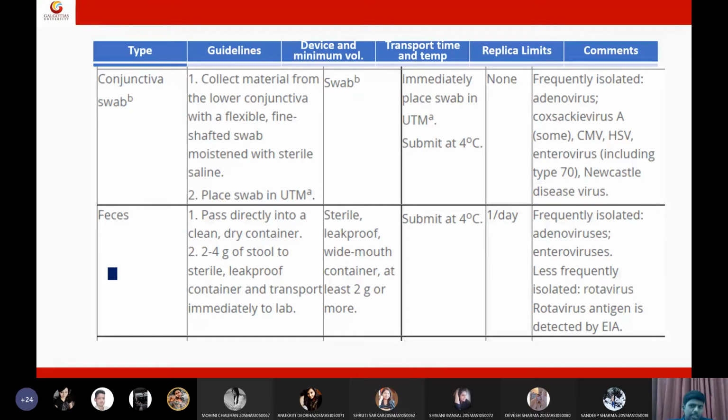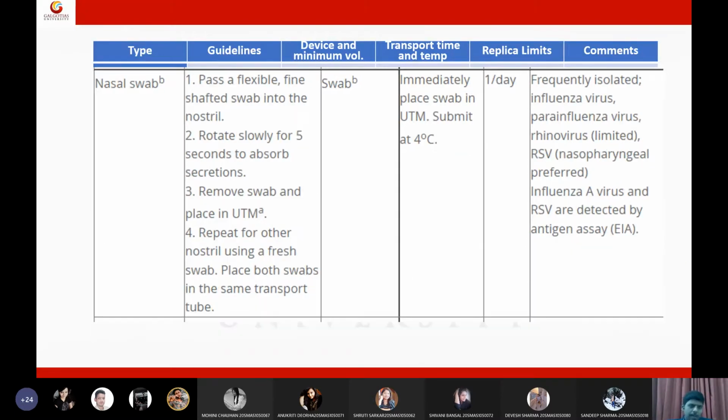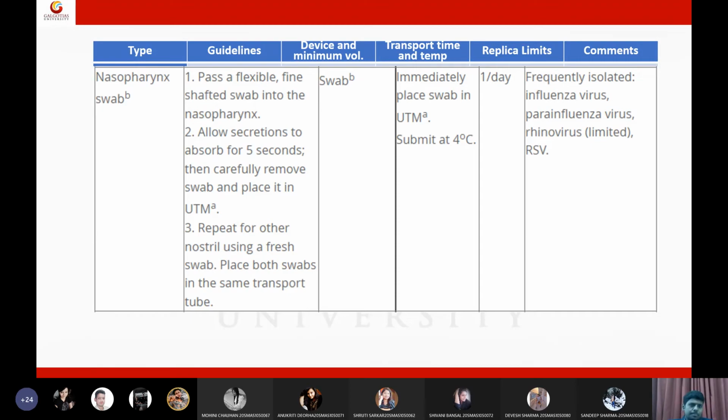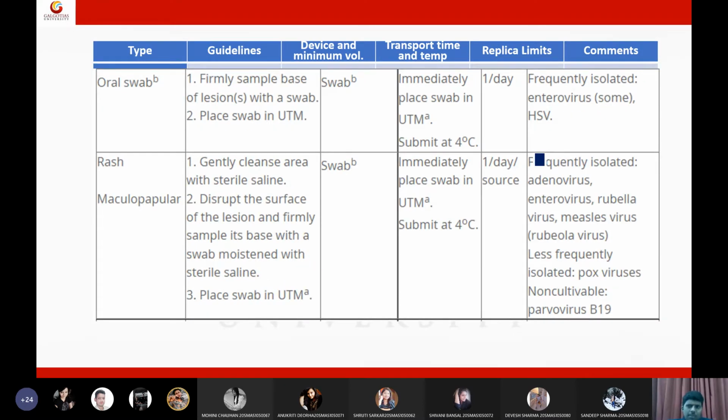Feces samples are collected for detection of rotaviruses, enteroviruses. Then nasal swabs are preferred for detection of coronaviruses and respiratory infection causing viruses such as rhinoviruses; influenza viruses can be detected via nasal swabs. Then nasopharyngeal swabs are for detection of influenza and parainfluenza viruses. Oral swabs for detection of HSV viruses.